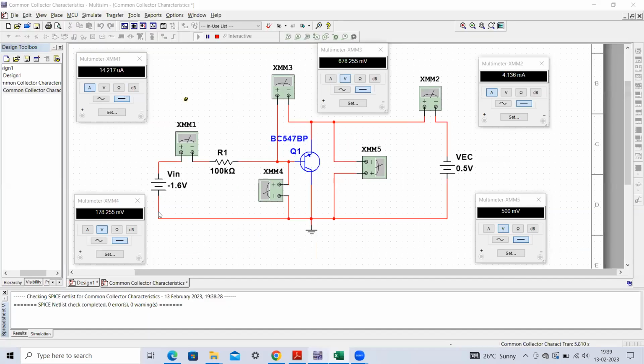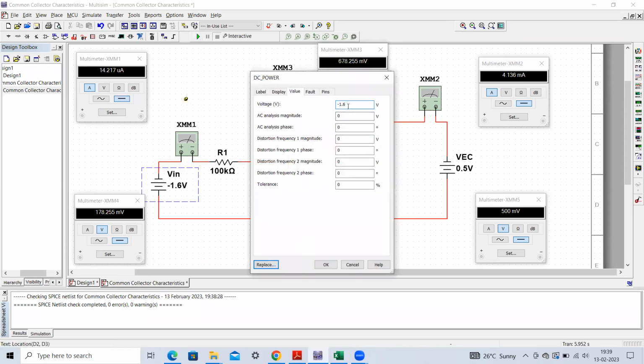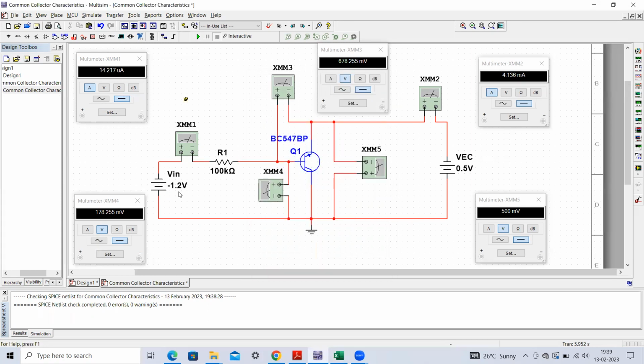Remember that you have to change the polarity. Whether I write minus 1.2 or minus 1.6, while doing the experiment in the laboratory you have to change the polarity of the battery; you cannot put any negative sign. Now if you execute the circuit, you can see this value is 10.313 microamperes, near about 10 microamperes. Now the current is equal to its original current. A little fluctuation is there, but it is tolerable and we can conduct our experiment.